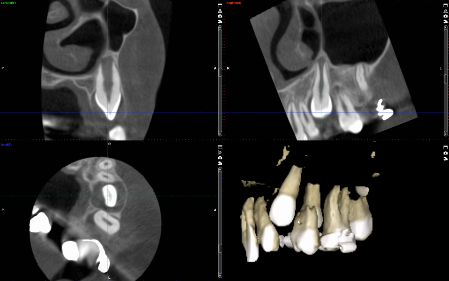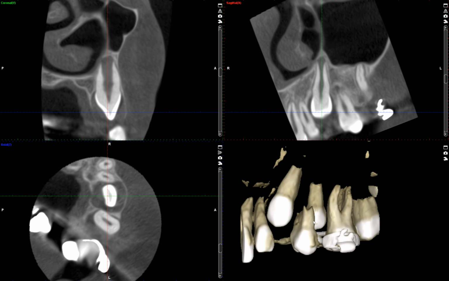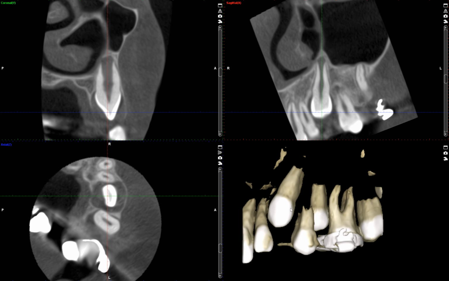So here we can have a better appreciation of what's going on if you're not familiar with looking at cone beam CT scans. Again, this is a very limited field of view capturing part of the patient's upper left quadrant. Again, 9 and 10. Here we see number 11 and 12 and 13 and 14.